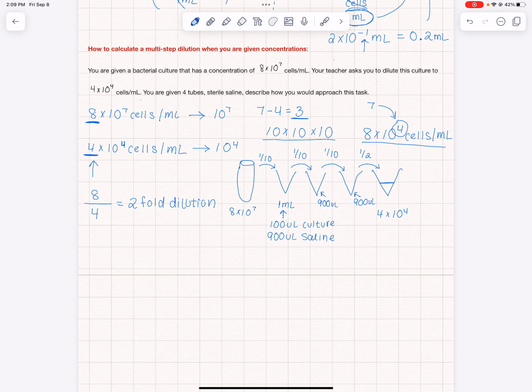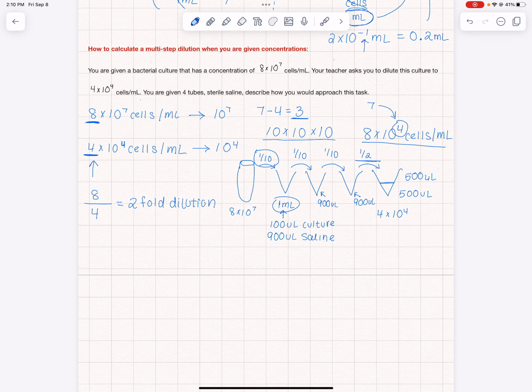And so, if we keep our total volume at 1 mil, essentially what that would be is 500 microliters of saline, and then transferring 500 microliters from tube 3 into our final tube. And so, another way to sort of figure all of these numbers out is by thinking about our total volume and multiplying it times our dilution factor.